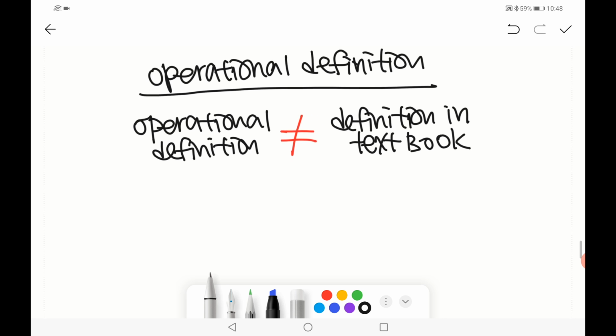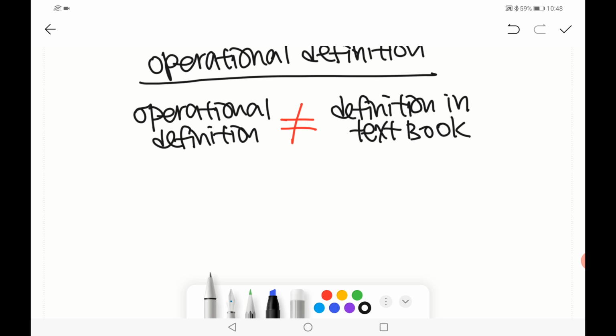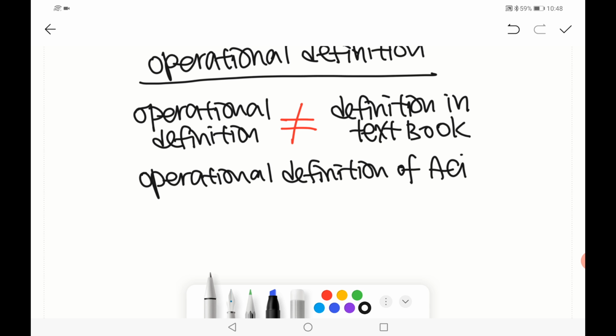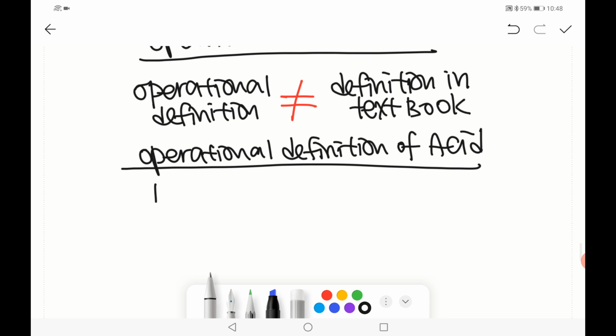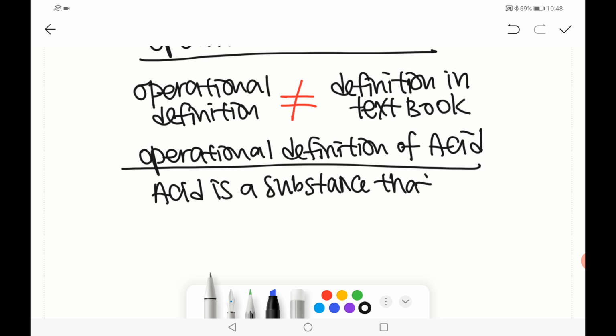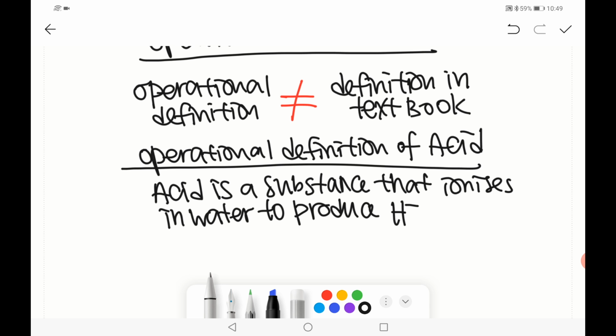Yeah, so example. Okay, if the question asks you what is the operational definition of acid, so if you go to put the entire definition of acid from textbook, you write this: acid is a substance that ionizes in water to produce H plus ion.